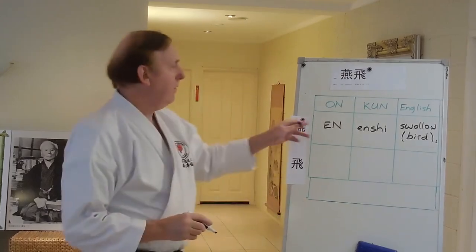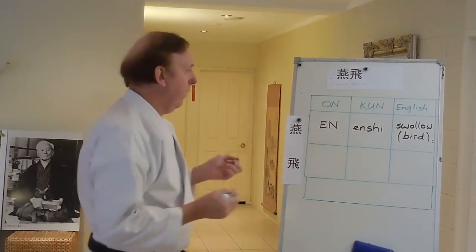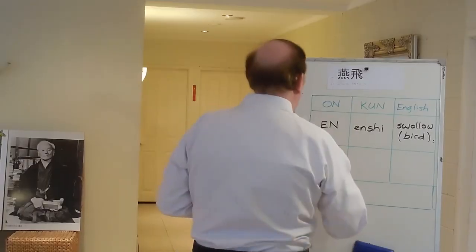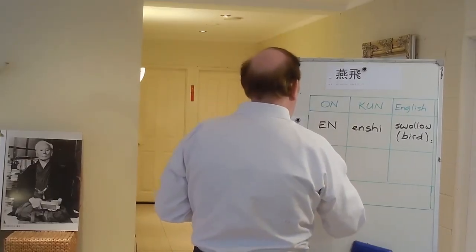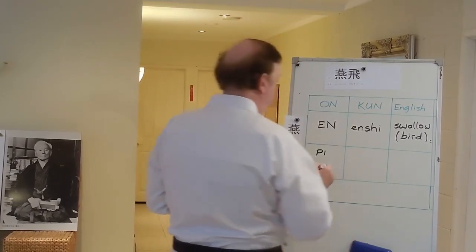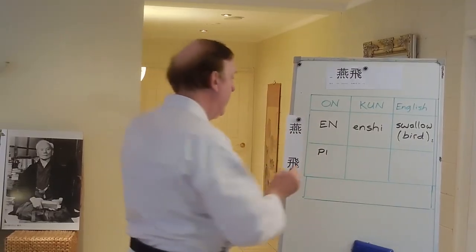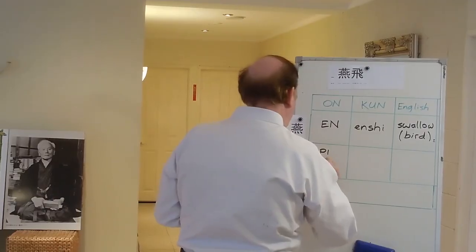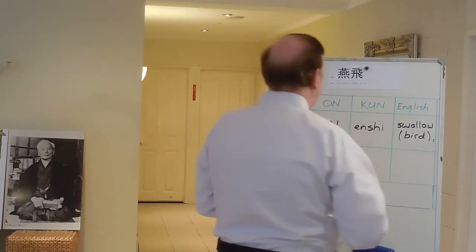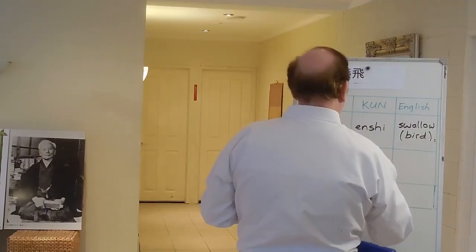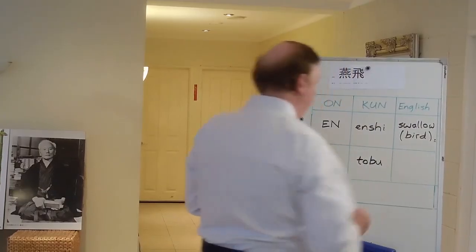So enshi is a flying bird, and the second one, Pi, is a softer way of saying bi, so we can also have bi there, and bi goes into tobu.